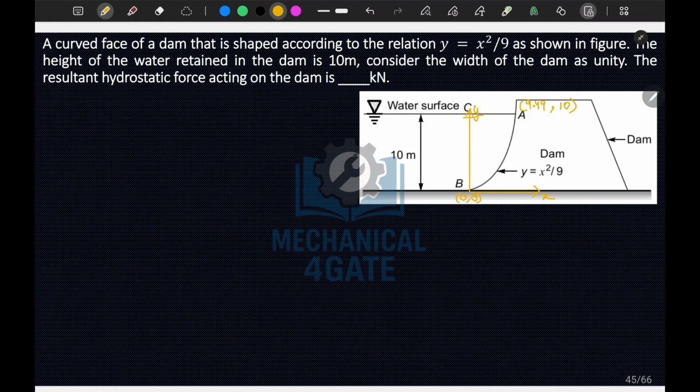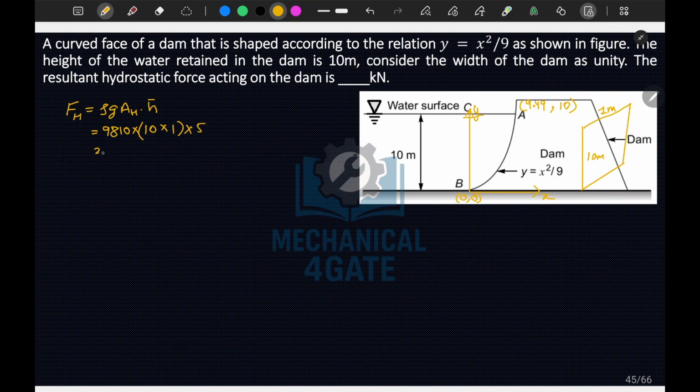Okay, now if I want to calculate your FH, so FH will be rho g h into h bar. So your projected dimension will be something like this. Okay, and this height is your 10 meter and this is your 1 meter. So this will be your 9810, A is given by 10 into 1, and h bar is 5 meter.